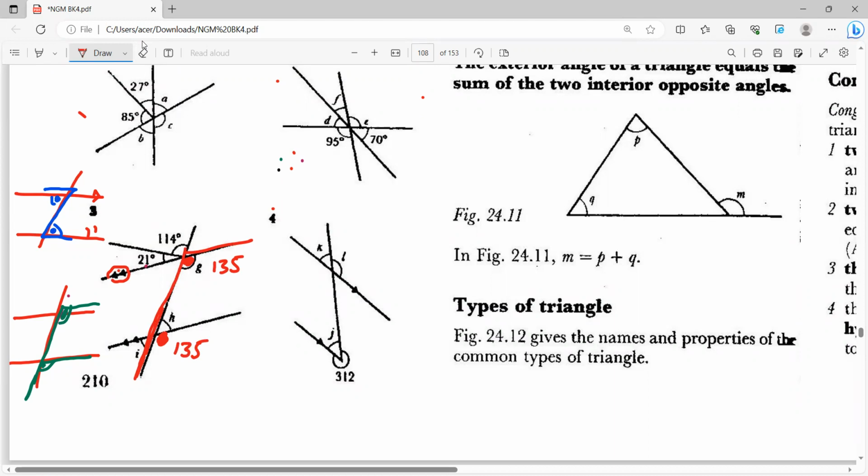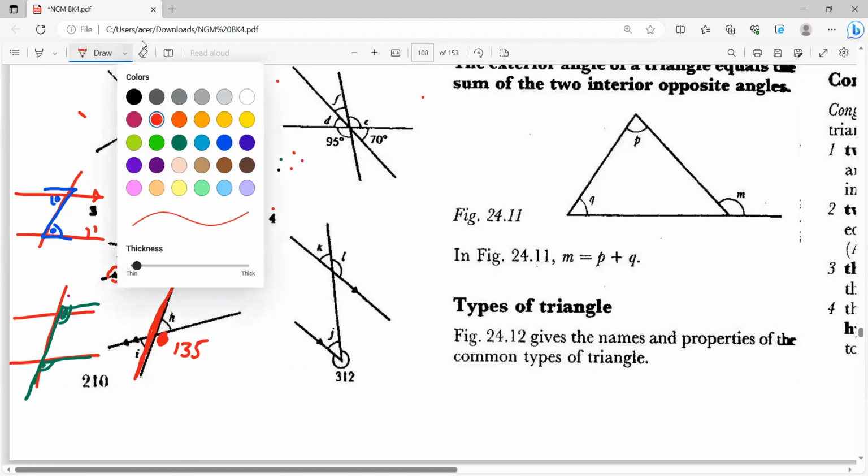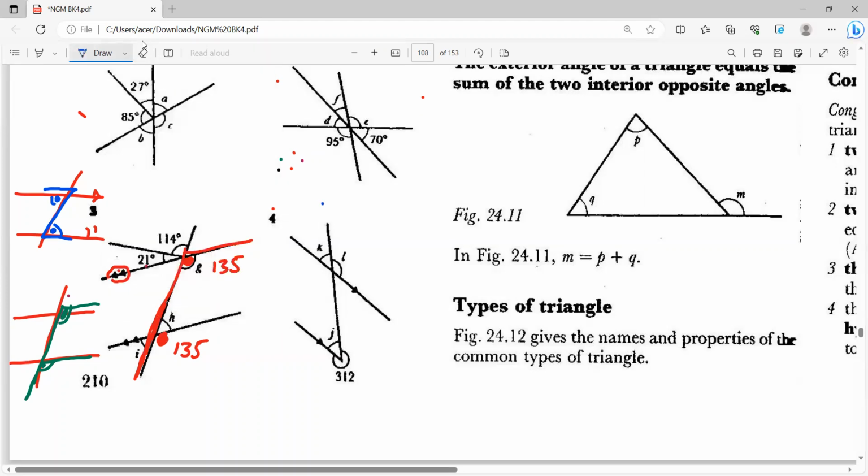All right. Now we can find H. How can we find H? H and 135 must give us 180 degrees. They are on a straight line. So let me show you the straight line in blue. So this is the straight line that we're talking about, and we're limiting it just to this point. So H and the red dot are on a straight line, on the right-hand side of our straight line. They should give us 180.